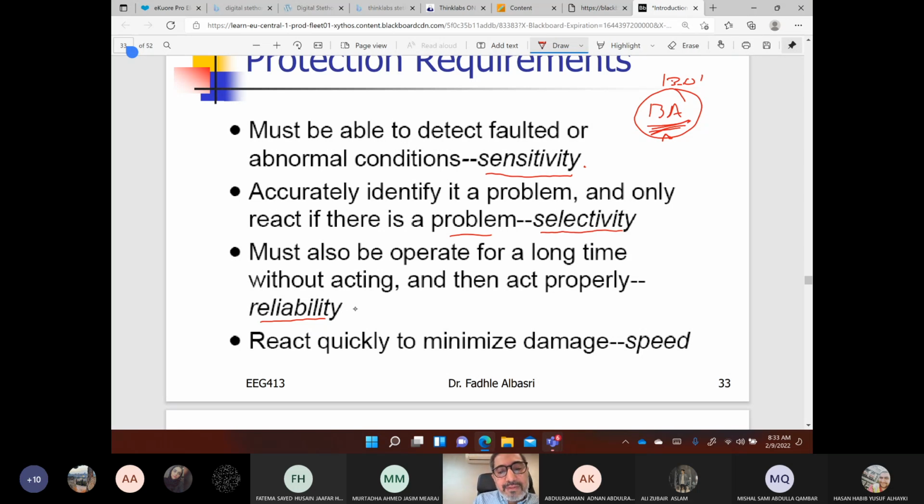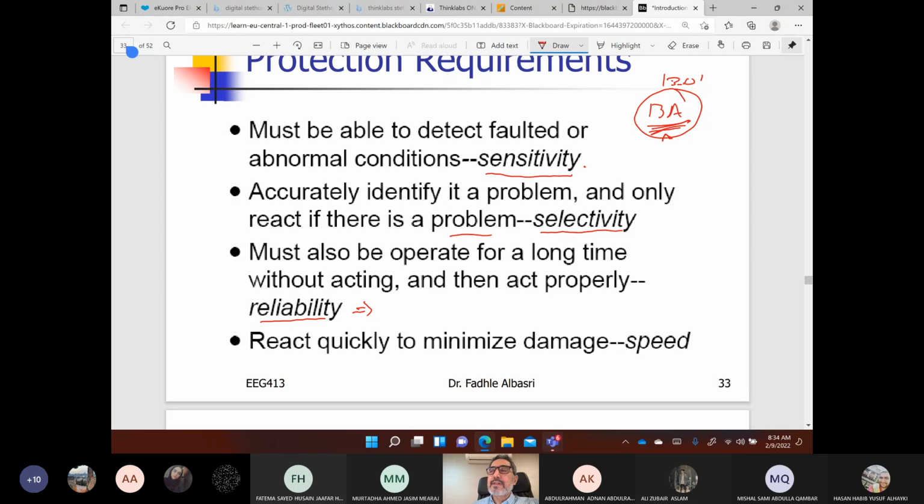So we have two aspects related to correct operations. If we divide the number of correct operations over all fault conditions, this relates to us the reliability. So what do you think the reliability of a protection system is? What's the percentage?